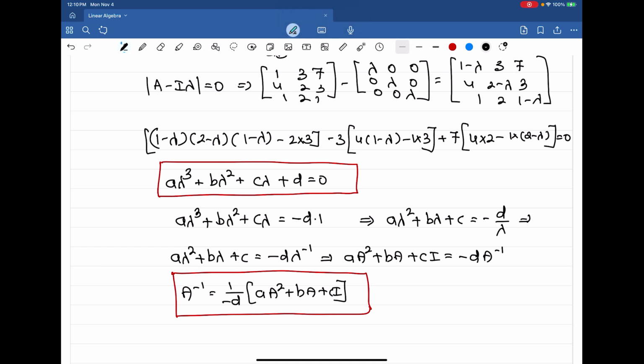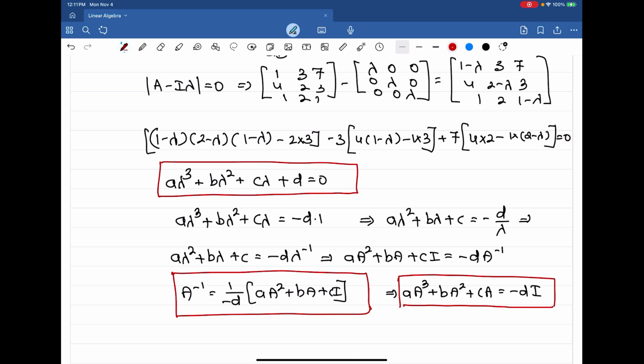From the characteristic equation we can find out the A. A cube plus B A square plus C A is equal to minus D into A inverse. Sorry, minus D into not A inverse, I'm very sorry, minus D into I. This way also, somebody in GATE gives you a 3 by 3 matrix and asks you to find out the value of A cube plus B A square plus C A. They will already have ABC values with them.